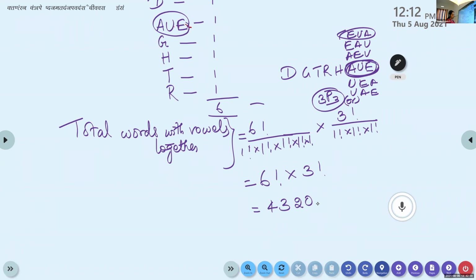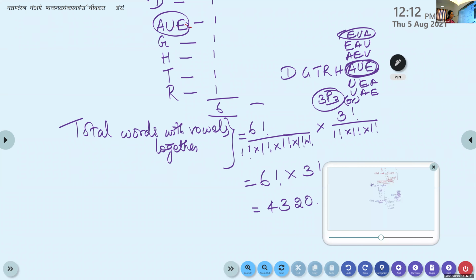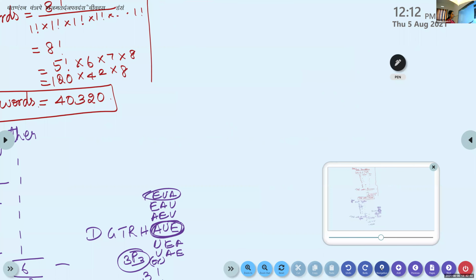Now, look at the next case. What is asked in the second part? Vowels not together. How many words can be formed with vowels not together?